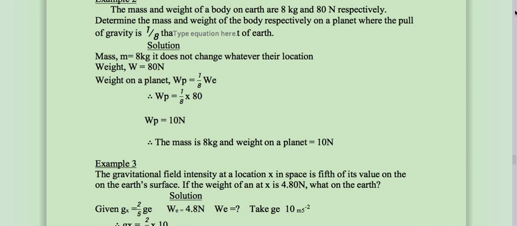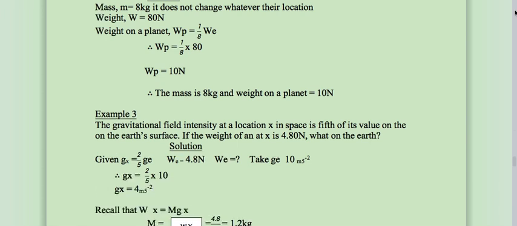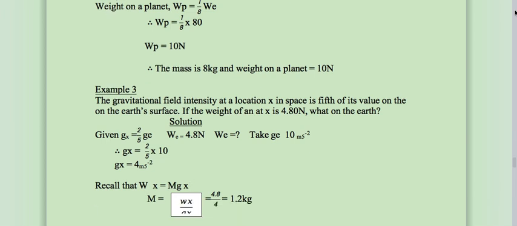Example 3. The gravitational field intensity at a location X in space is 2/5 of its value on the Earth's surface.